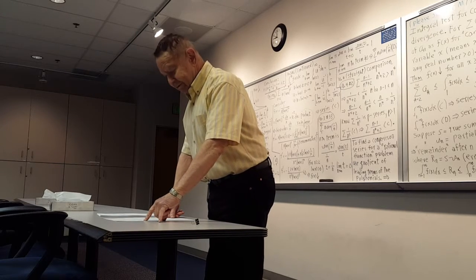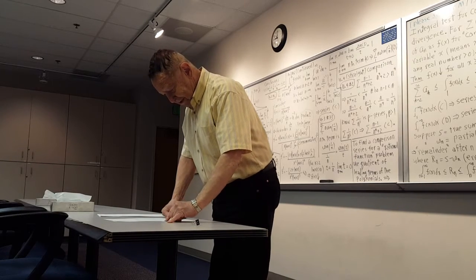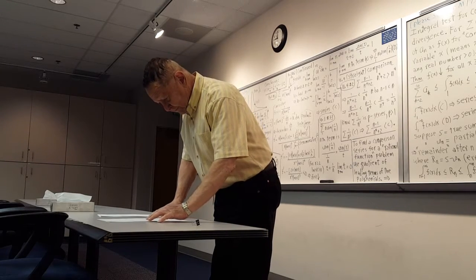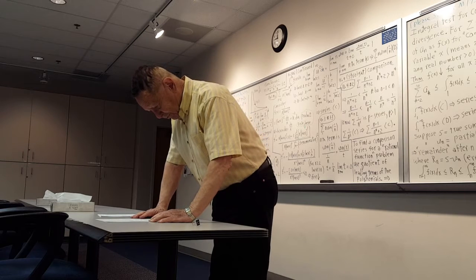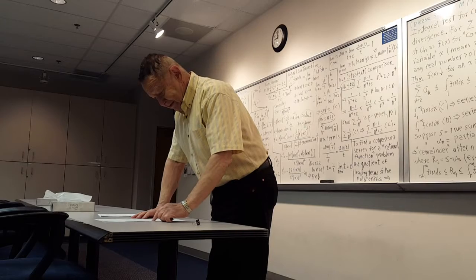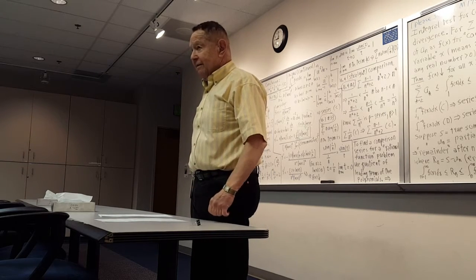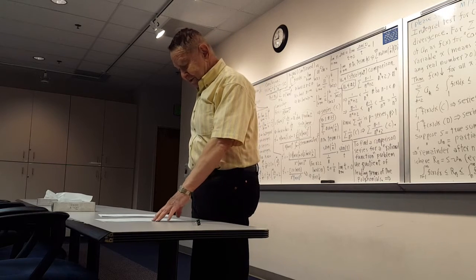Then you have the integral test. You have the ratio test, and then you have the nth root test. So those are the ones that apply for positive term series.